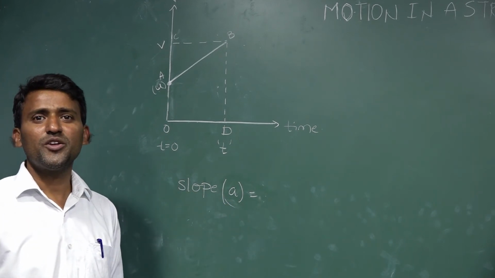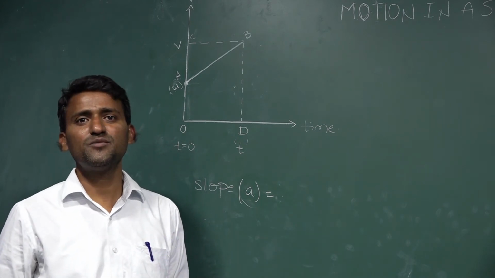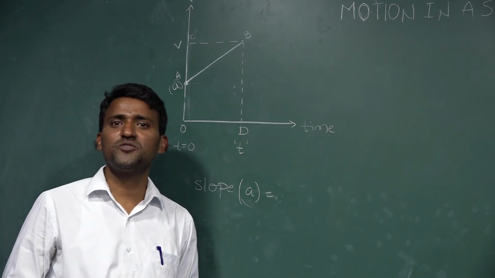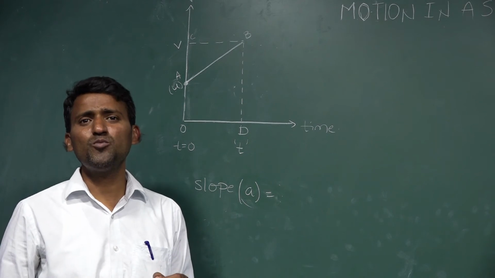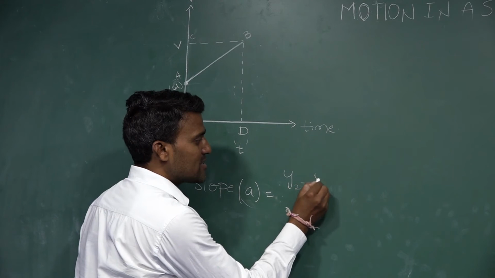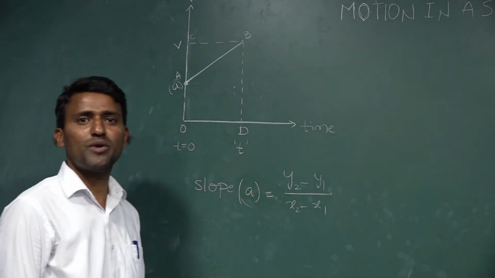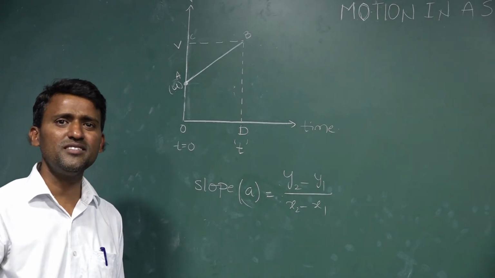Slope is equal to the difference between any 2 points on the y-axis divided by the difference between the 2 points on the x-axis. We can write that as y2 minus y1 divided by x2 minus x1.